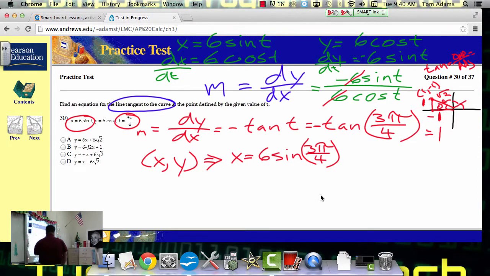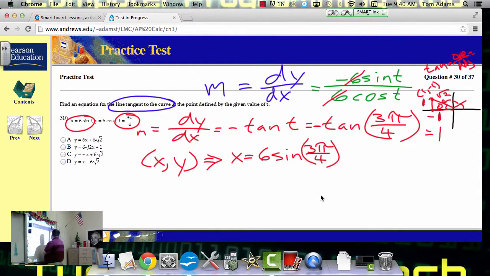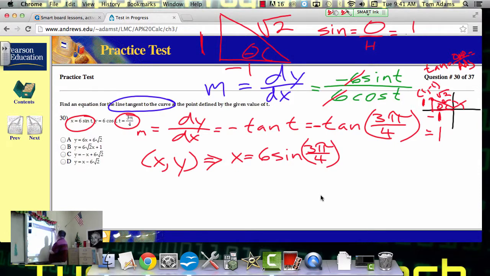Same triangle, where this is negative 1, this is 1, and this is the square root of 2, and this is our angle theta. Sine is opposite over hypotenuse, which is going to be 1 over 2. What's 1/2 times 6? 3.